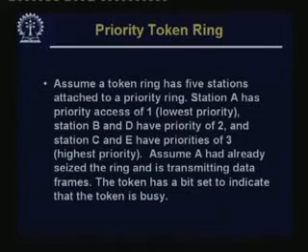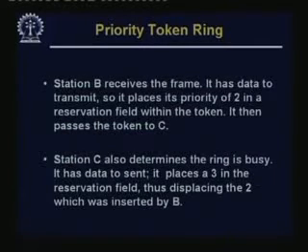Once again assume that A had already seized the ring and is transmitting data frames. The token has a bit set to indicate that the token is busy, because A has already put a frame in it, and it is being sent from A. Station B receives the frame, and it has data to transmit also. Let us say that all of them want to transmit some data.